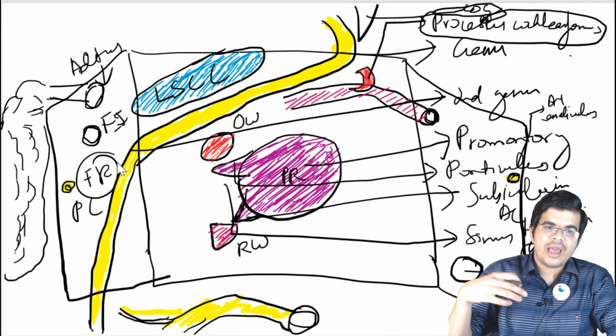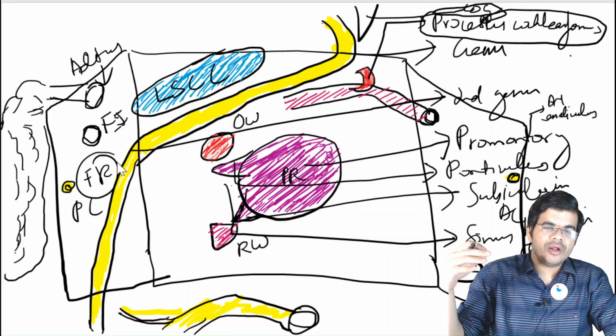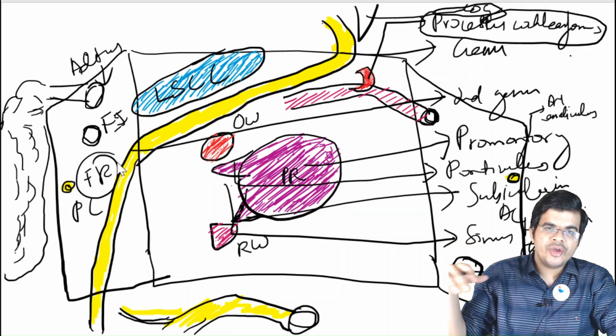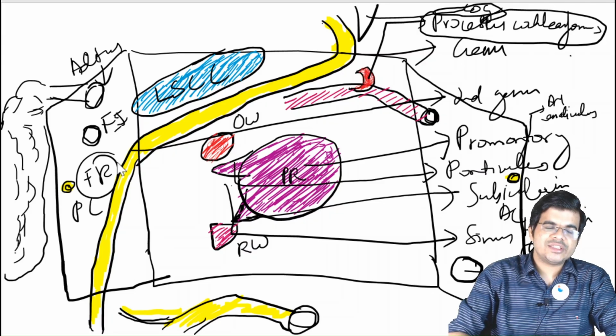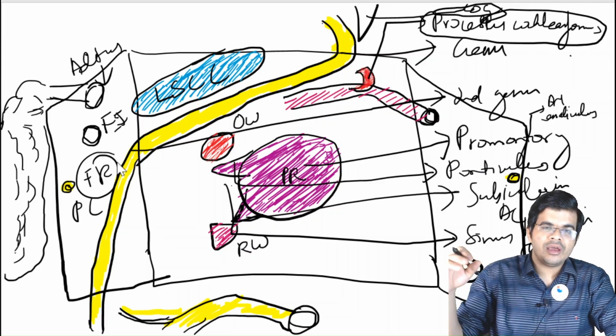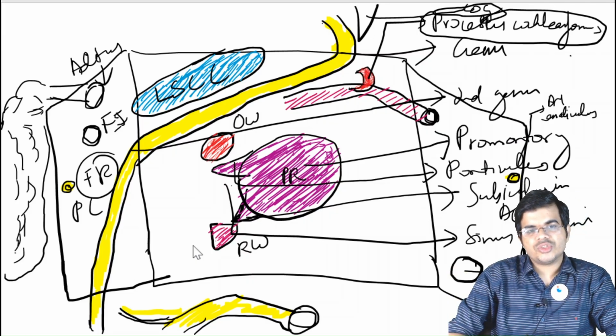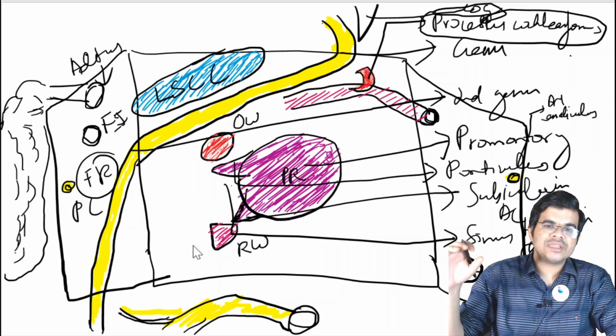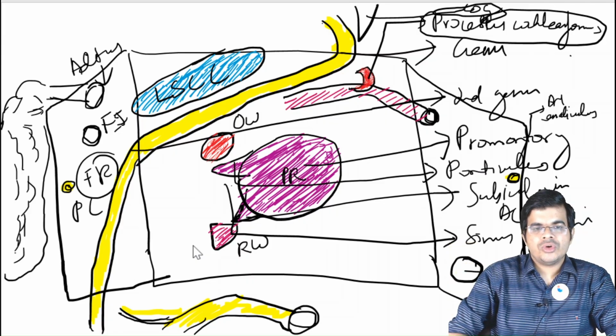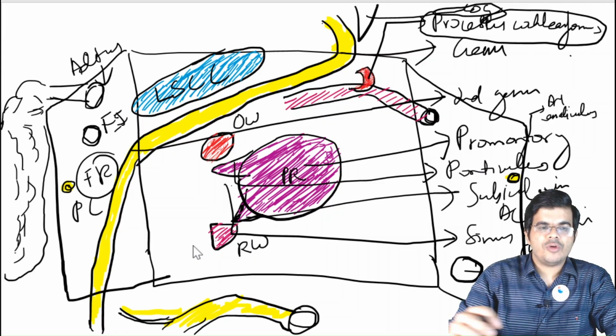If you have to access the middle ear, you go through the facial recess, and with this approach, you can see the round window very clearly and insert a cochlear implant through it. So that is the significance of knowing this anatomy in detail. That's about the posterior wall of the middle ear.